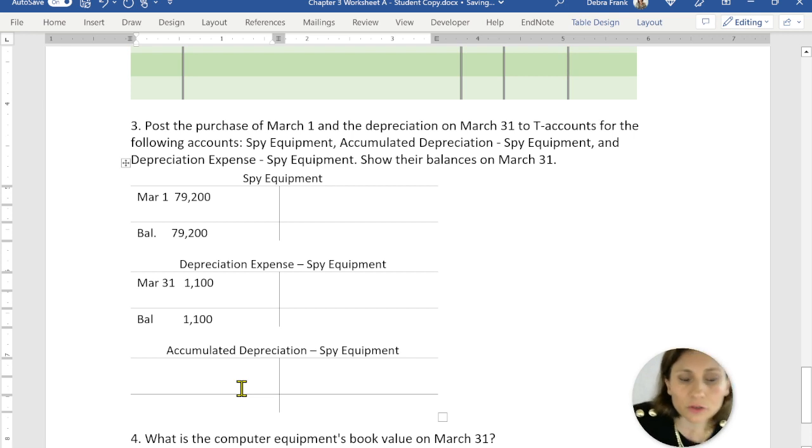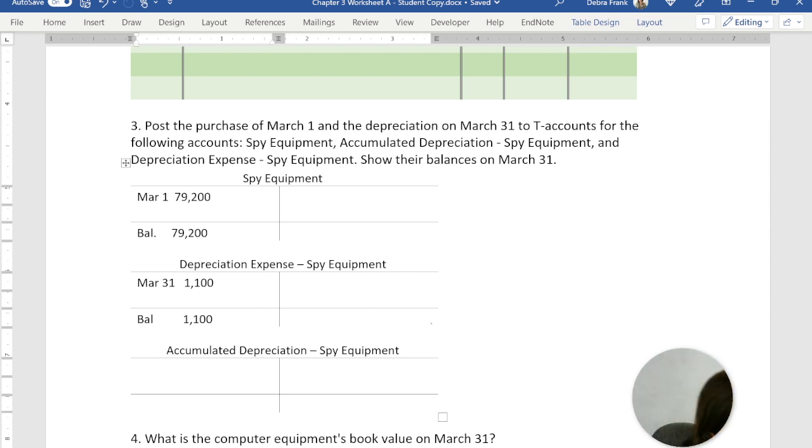Now we have this new account called accumulated depreciation. I was stressing earlier that, unlike with office supplies, where we took the amount used out of office supplies, for depreciation we don't touch the actual equipment, the asset. Instead, we're going to use this contra asset account called accumulated depreciation.